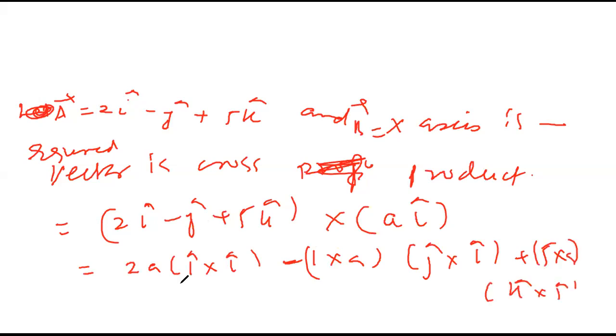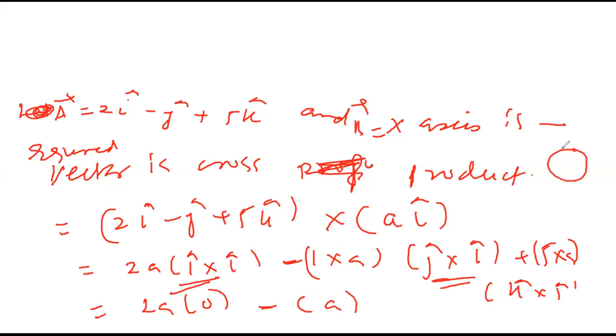What is i cross i? 0. i cross i is 0, right? Yes, sir. What is j cross i?